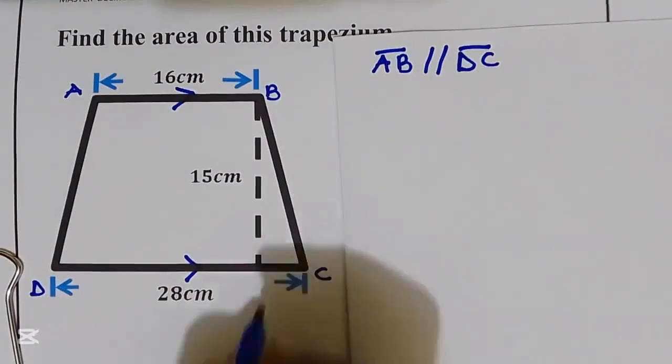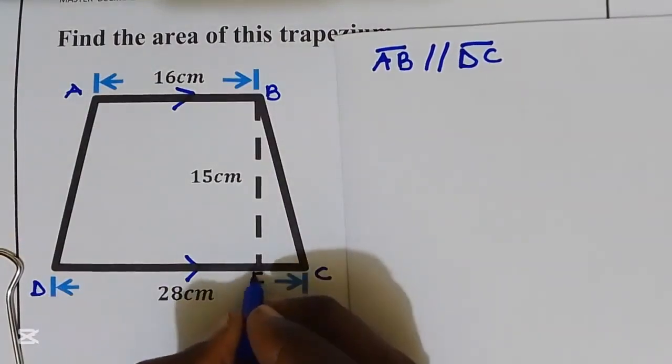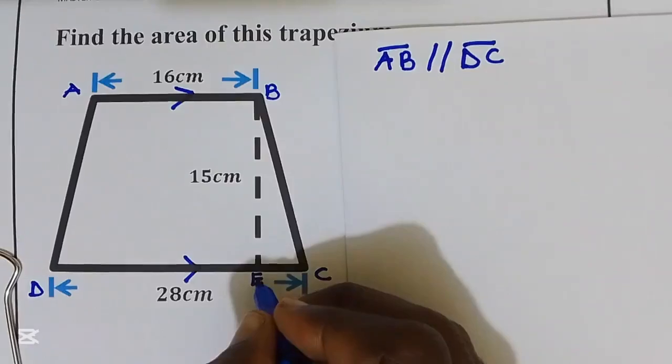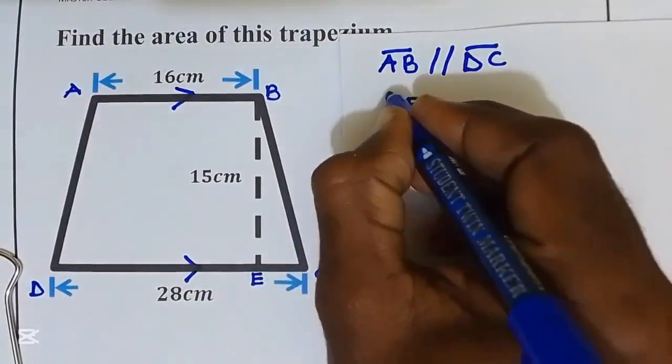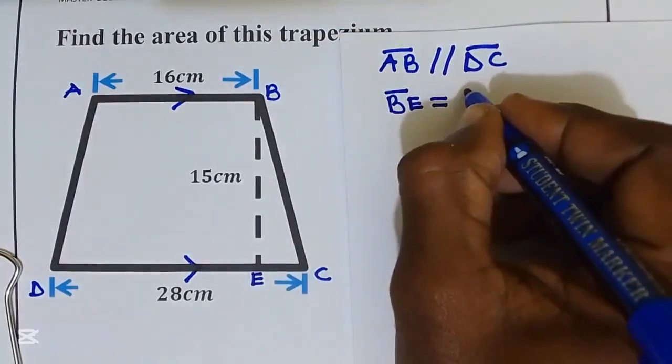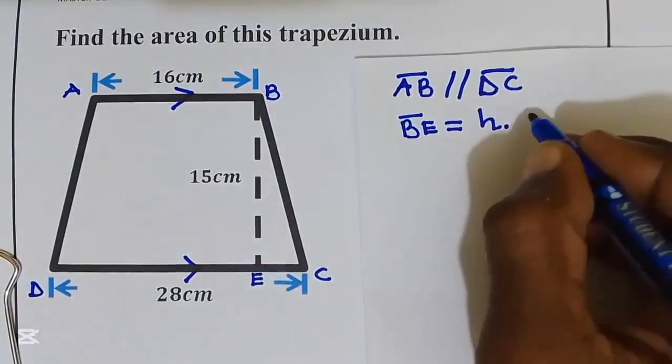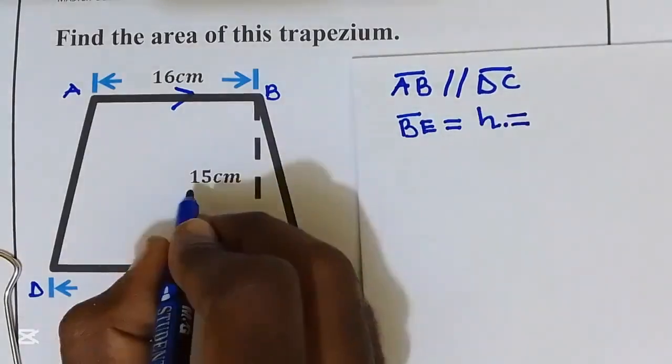Let us call this point E. BE is equal to 8. This is equal to 15 centimeter.